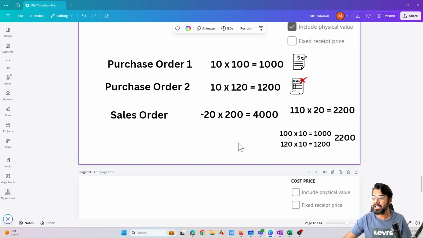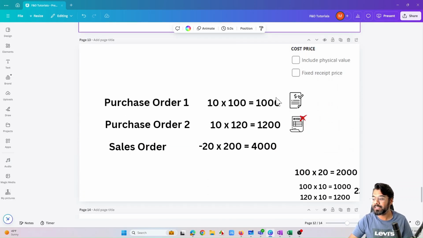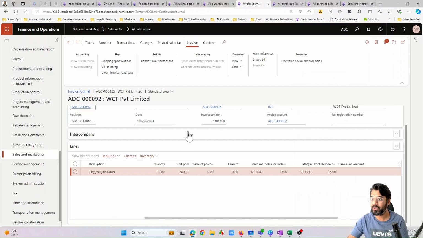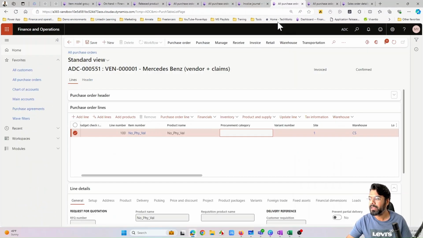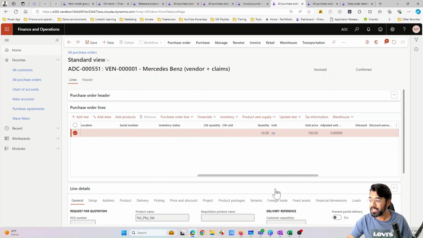Now in the second scenario, let's replicate the same. In this case, for the second item that I will be using, I will not have the include physical value checkbox enabled. Okay, so let's see what happens now. So I am placing the second item, which has the checkbox unchecked, and this item I have already invoiced, as you can see.